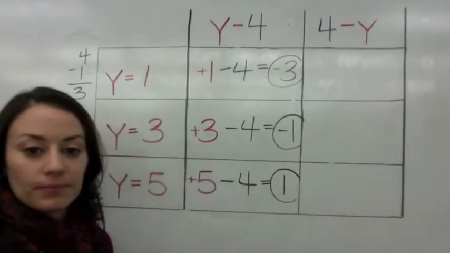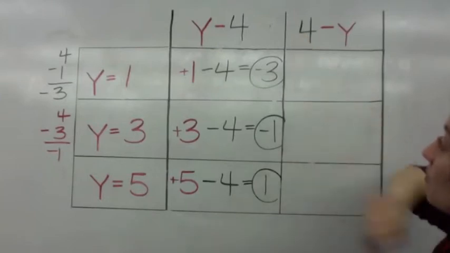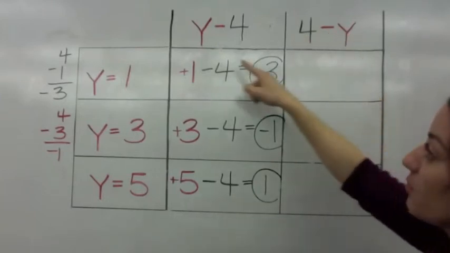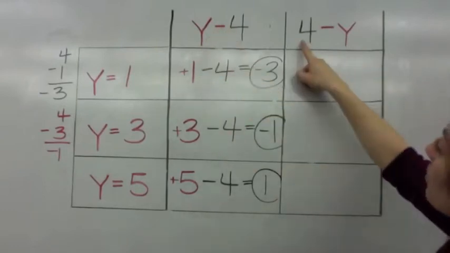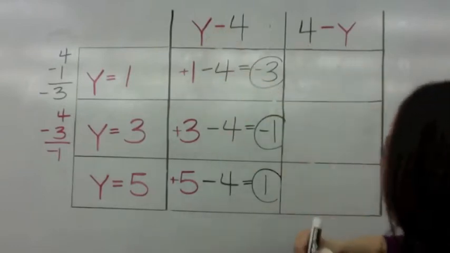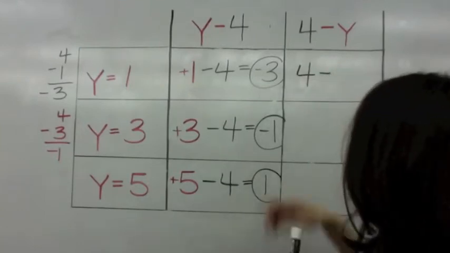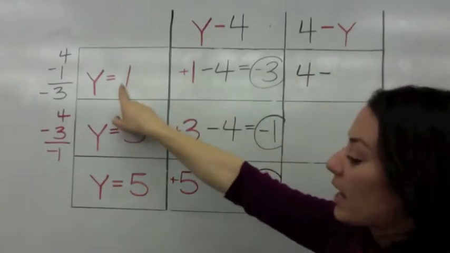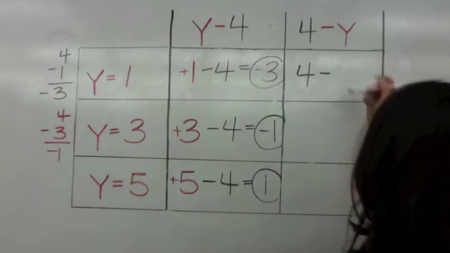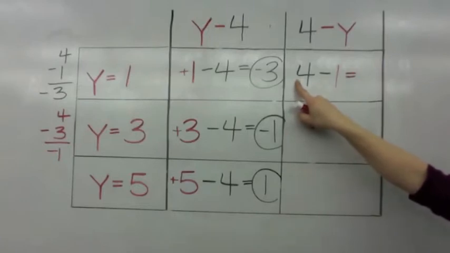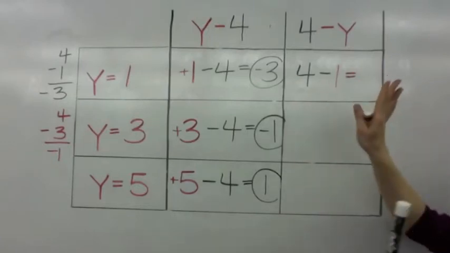That's right. This next expression is a little bit different. It says 4 take away y. The one we did before was y take away 4. Let's go ahead and do this. It's going to be a little easier because we start with 4 minus y. What is y? Y is 1. So what is 4 take away 1? You have a bigger positive number, so it's just positive.